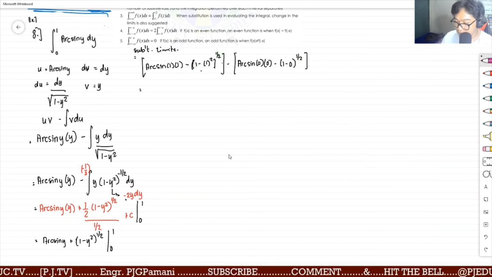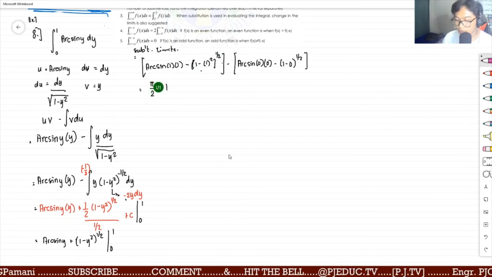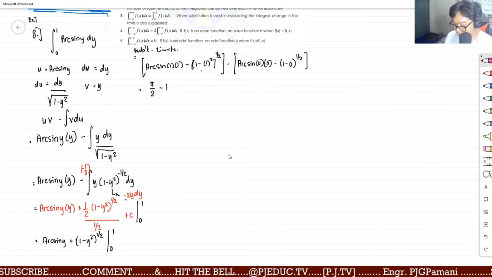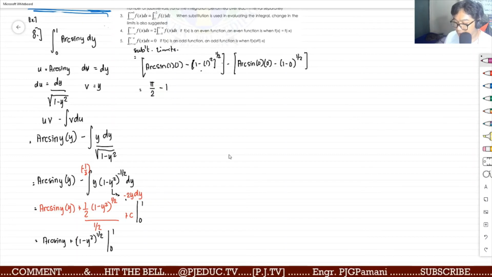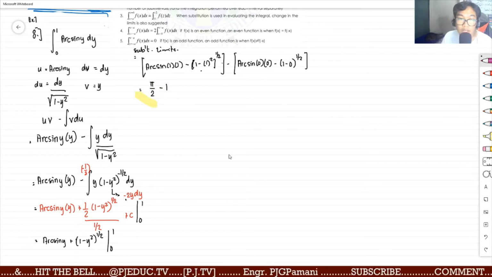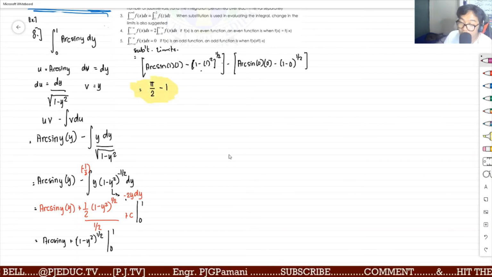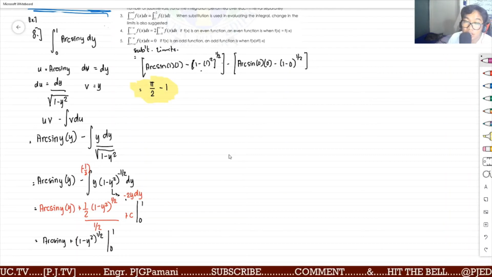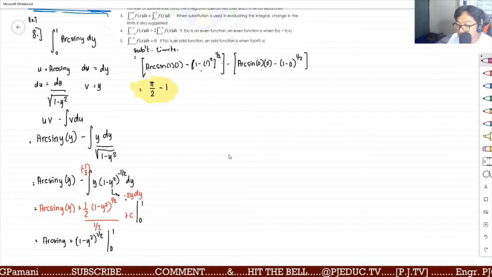That is pi over 2 minus 1. Again, express your final answer in whole number. So kung ganyan, ganyan na yung ating final answer.